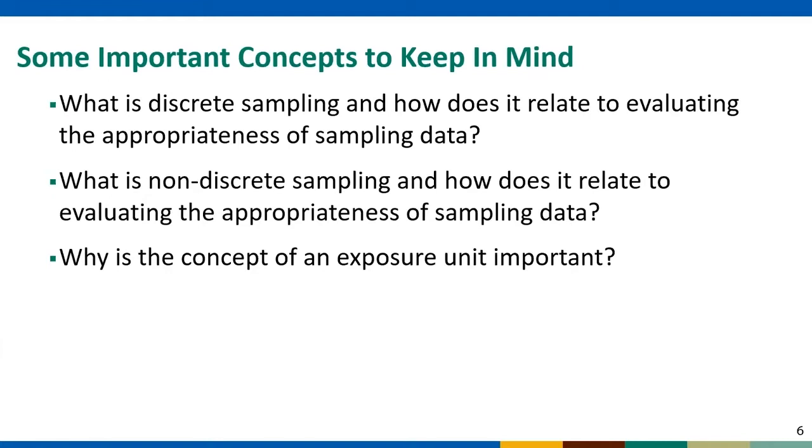ATSDR's non-discrete sampling guidance provides more information on the number of samples related to ISM. ISM data may not tell you much about hotspots, which limits evaluating acute exposures. But it's considered to be the most statistically sound approach to evaluate longer-term exposures.